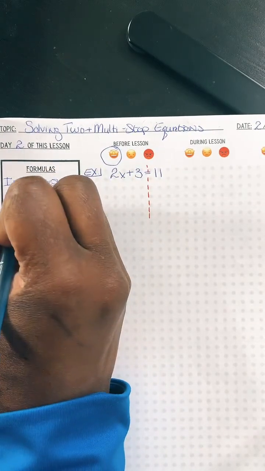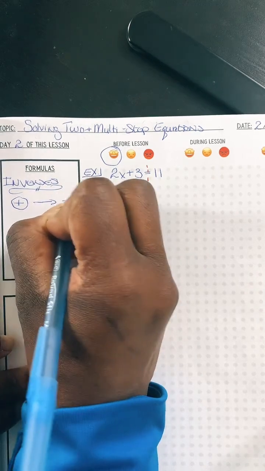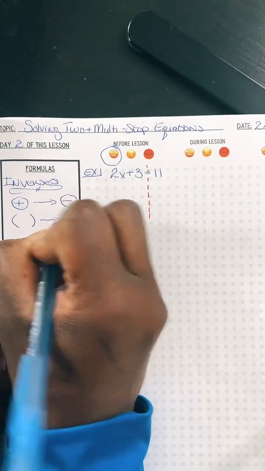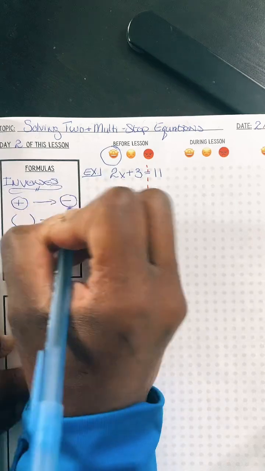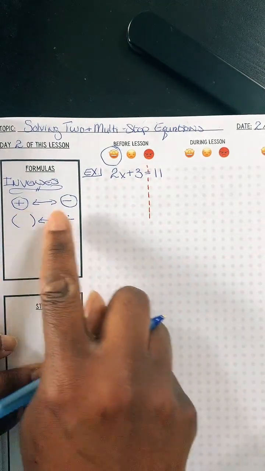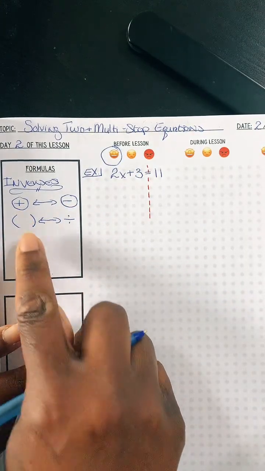So my inverse, so we have addition. The inverse of addition is subtraction. The inverse of multiplication is division, and vice versa. So I'm going to put my arrowheads on both sides. So addition is subtraction, subtraction is addition.